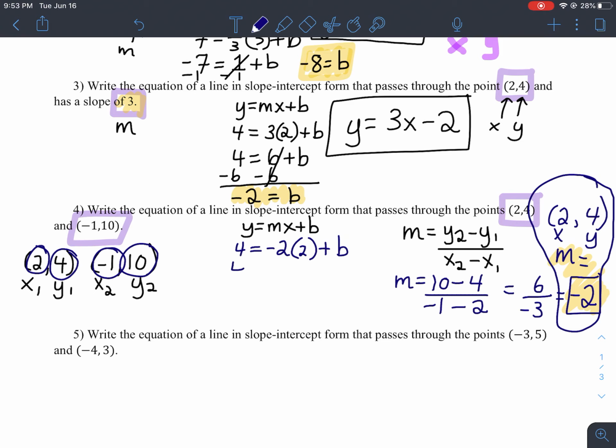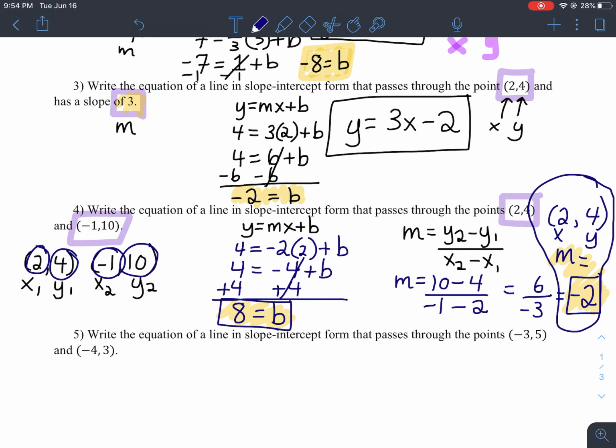That's our y-intercept. We don't know what that is. So negative 2 times 2 is negative 4. And then we just need to solve the one-step equation by adding 4 to both sides. 4 plus 4 is 8. So we know b equals 8.